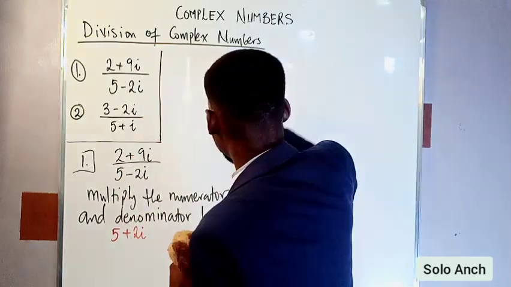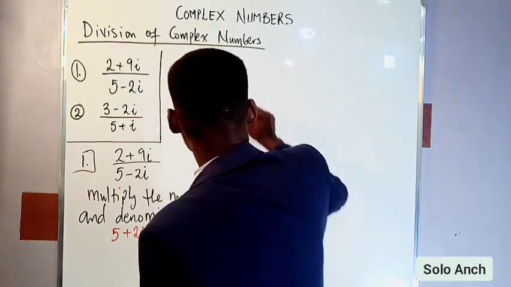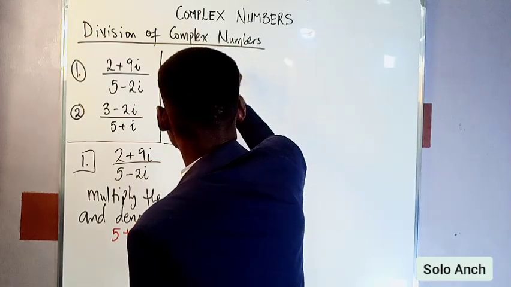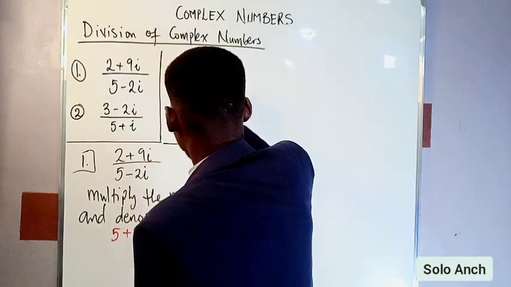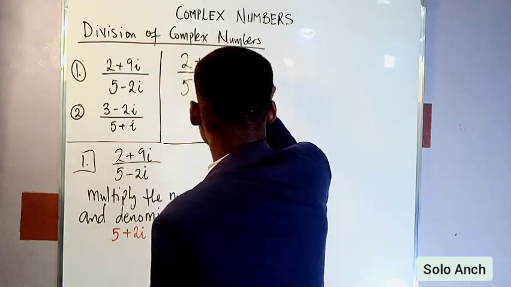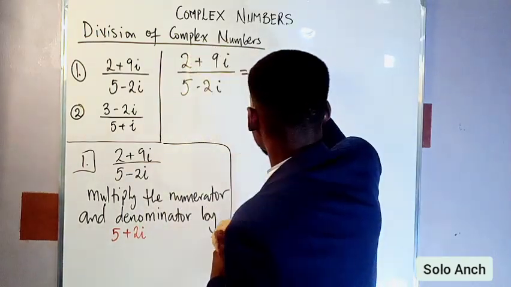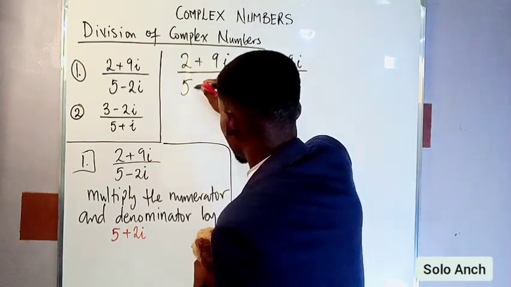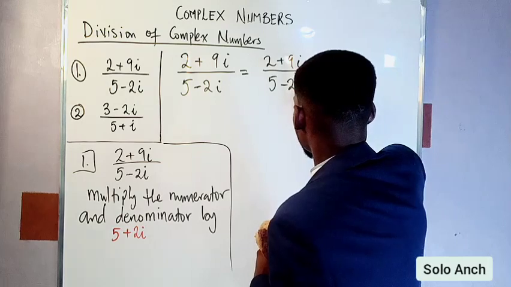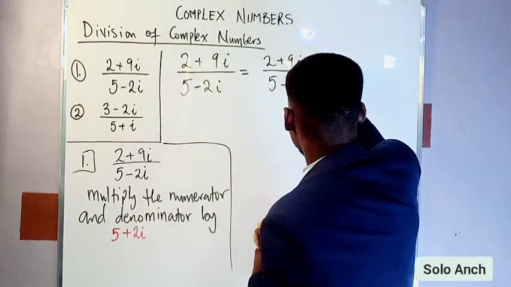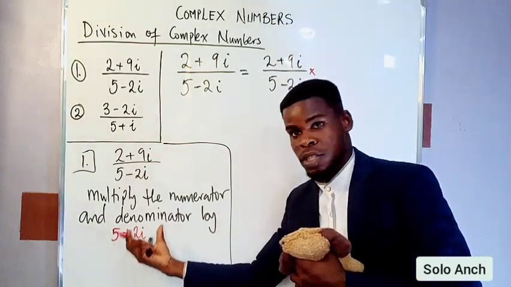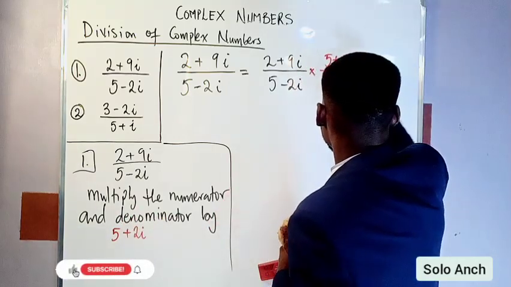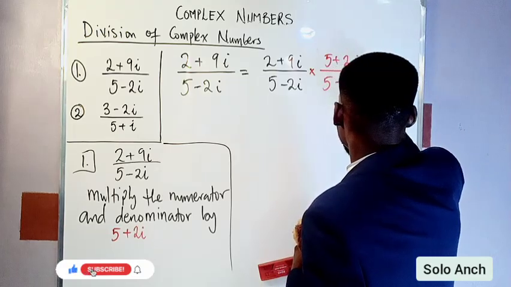So the complex number 2 plus 9i divided by 5 minus 2i is the same thing as 2 plus 9i over 5 minus 2i, multiplied by 5 plus 2i over 5 plus 2i.